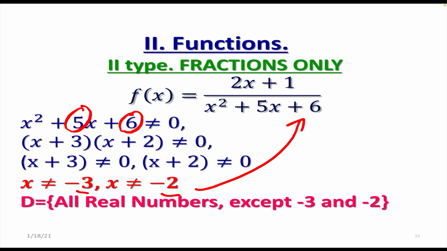They have to be thrown out, excluded. So the domain is going to be all real numbers except negative 3 and negative 2. These two troublemakers, if you will, create this division problem. Perfect.